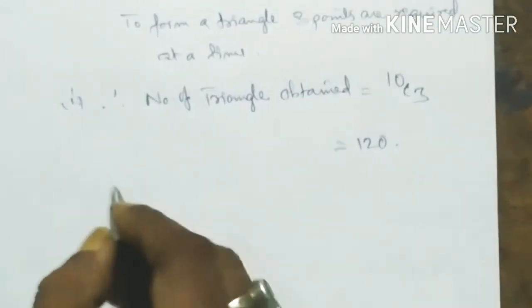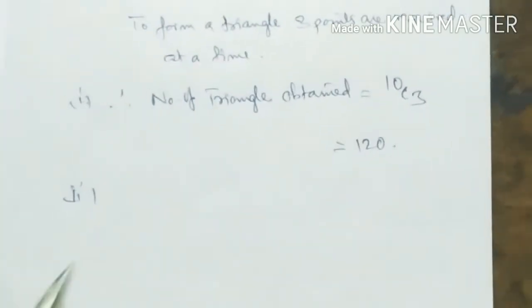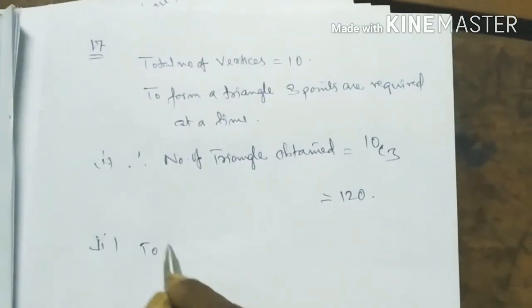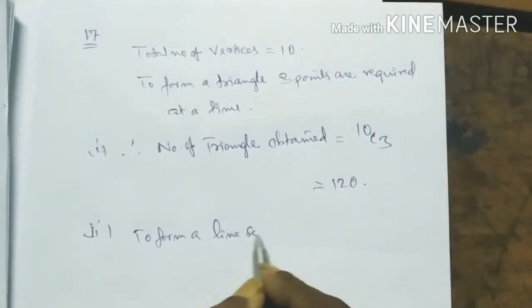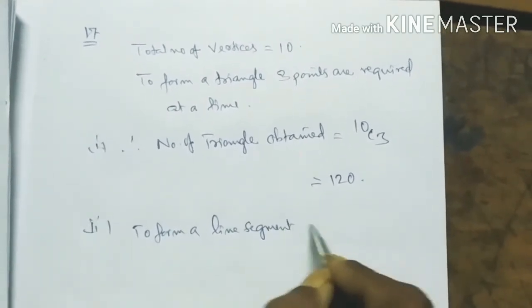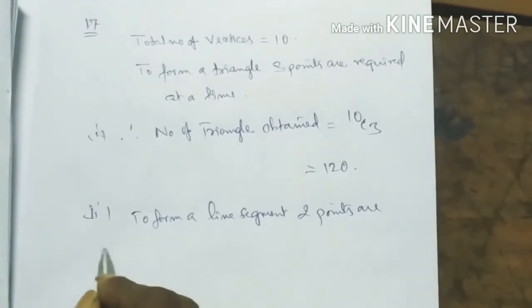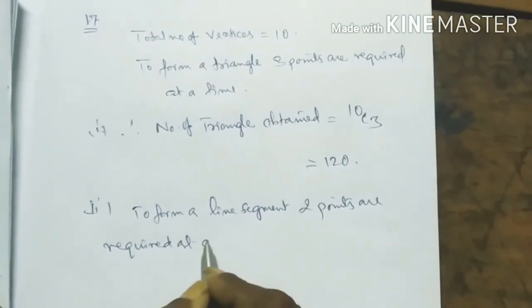And for the second one, how many line segments can be formed? To form a line segment, 2 points are required at a time.